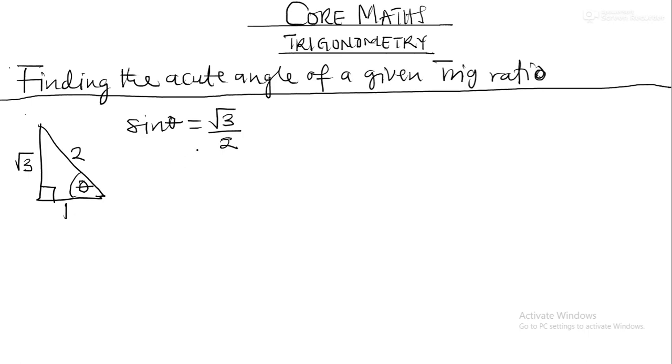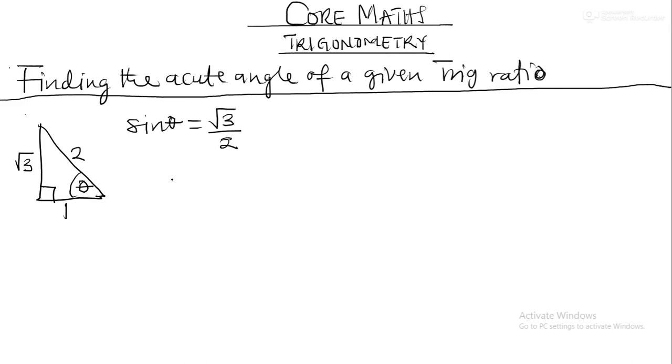With the help of the calculator, and using what we call the inverse trig ratio, we'll be able to get the angle theta. To get the value of theta, you find the sine inverse of the trig ratio.